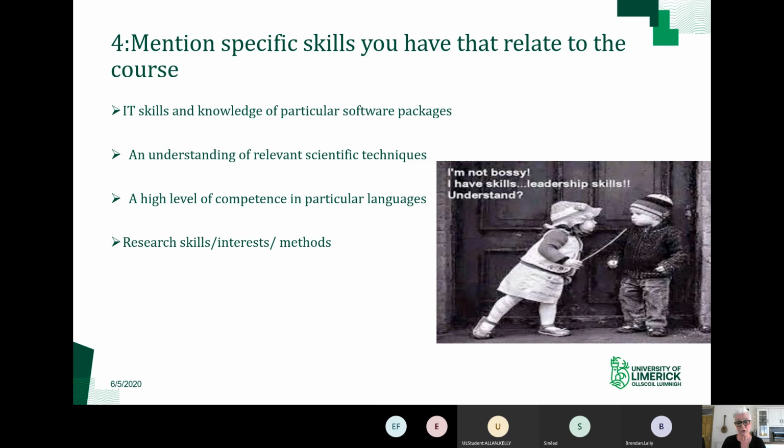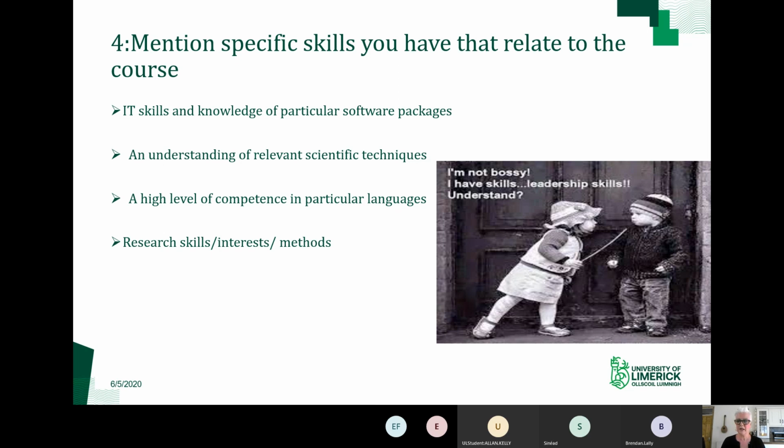If it's a science postgrad or an engineering postgrad, any relevant scientific techniques or skills that you have as well. So make sure you spell it out to them, because you can't assume that they will be familiar with your undergraduate course. So you really need to make it clear about specific skills that are relevant.